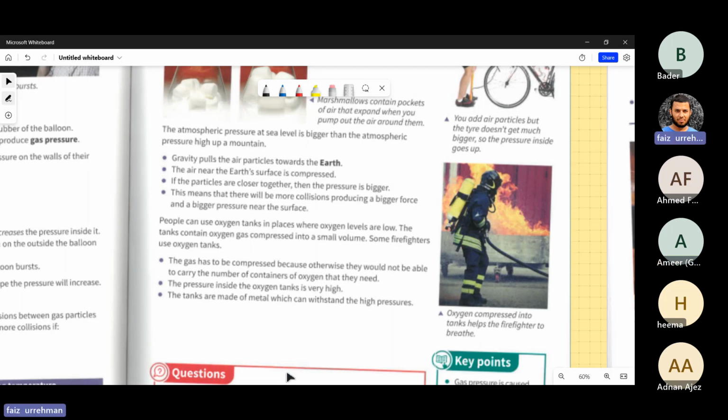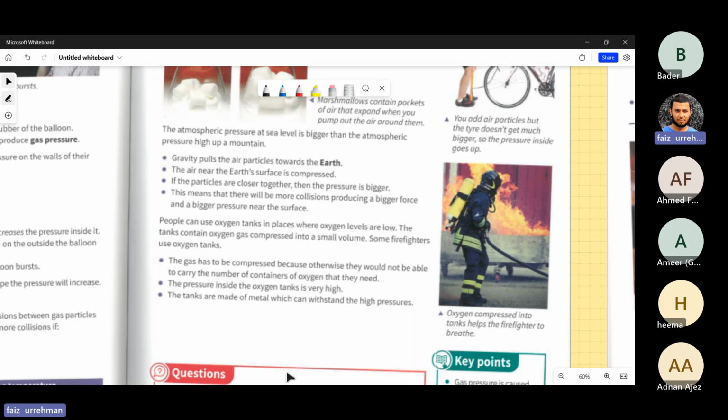Oxygen compressed into tanks helps the firefighter to breathe. When there is fire, it takes up a lot of oxygen because oxygen helps in burning. So when there is a lot of fire, there will be a scarcity of oxygen. How will you breathe properly if you are a firefighter?